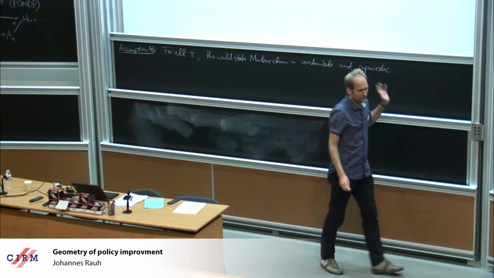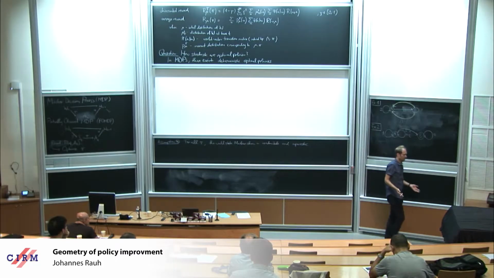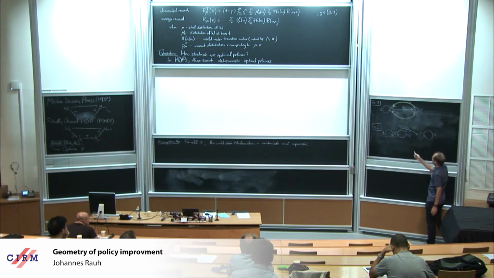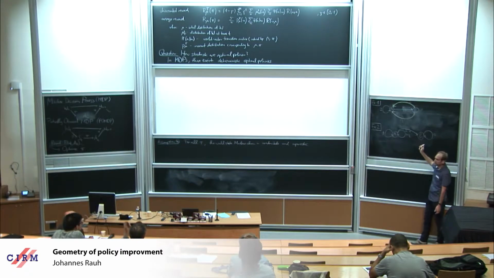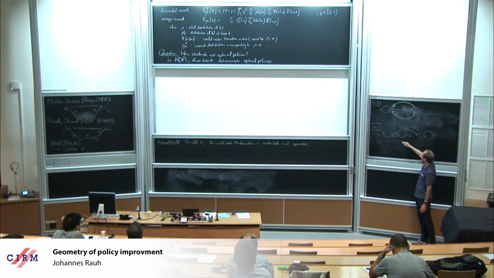I don't want to explain this formally. I hope that most of you have heard this, but the basic idea is that a Markov chain is irreducible if you can reach any point from any other point with a finite probability.